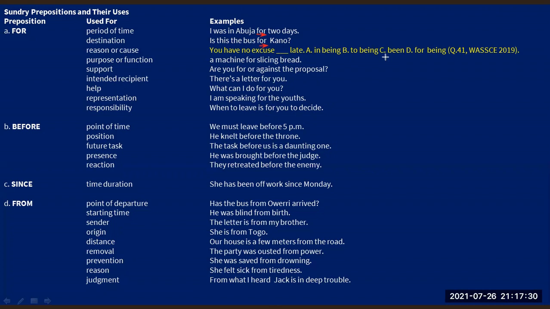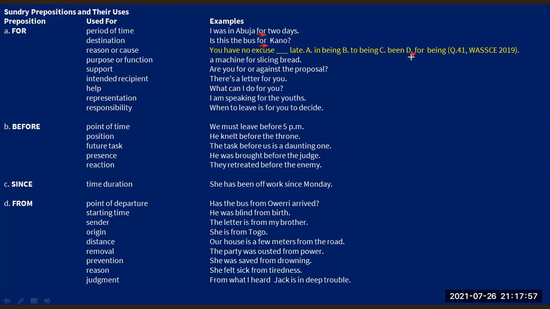C, you have no excuse being late. Of course, it's job breaking. It doesn't make sense at all. D is the answer, all right, for being late. You have no excuse for being late. So you can see the correct option is for being late.